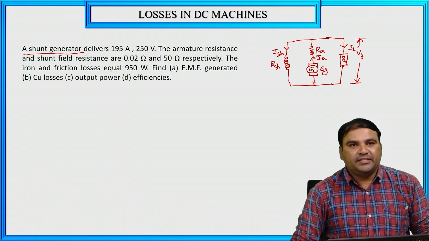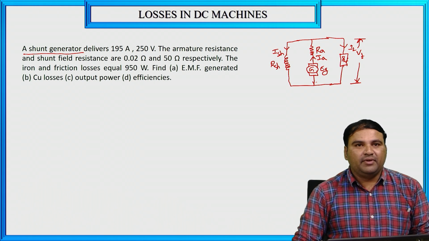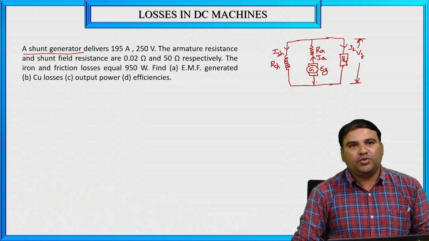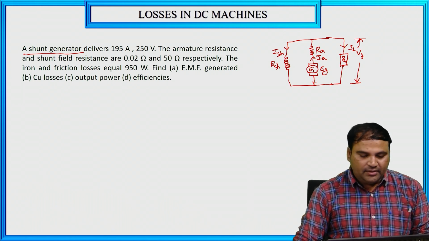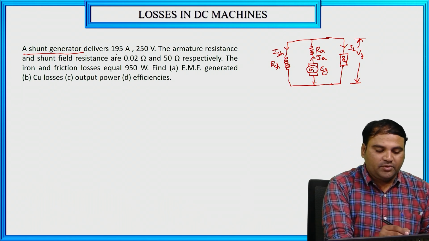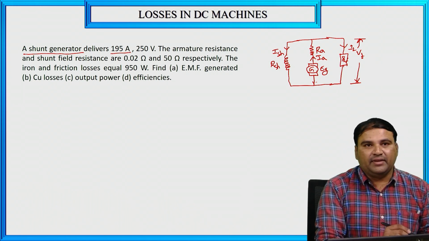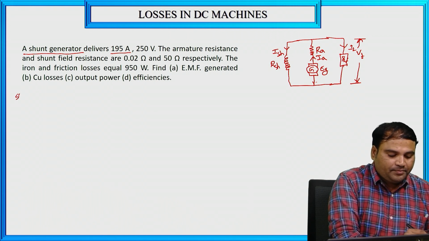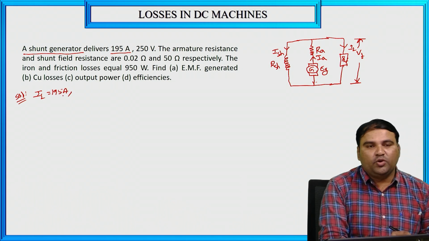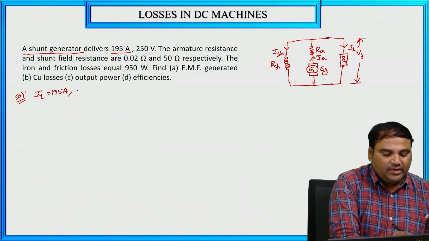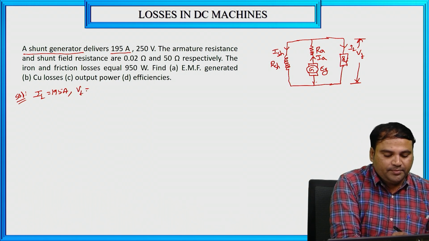Now a shunt generator delivers 195 ampere, 240 ohms. Means for the shunt type generator the load current is given. So 195 ampere load current is given. Write the data here. Load current IL equal to 195 ampere at 250 volt terminal voltage, that is Vt equal to 250 volts.